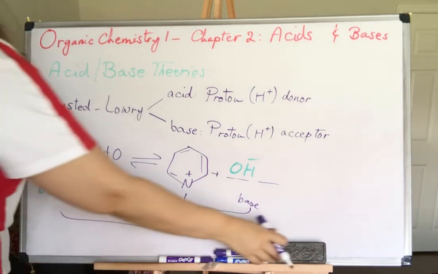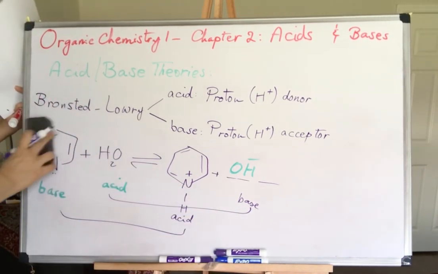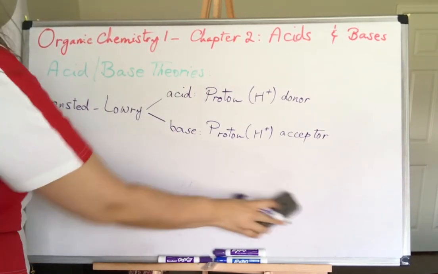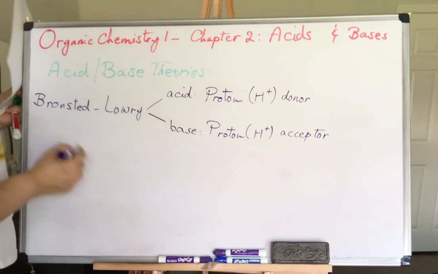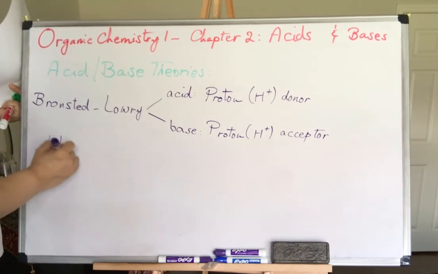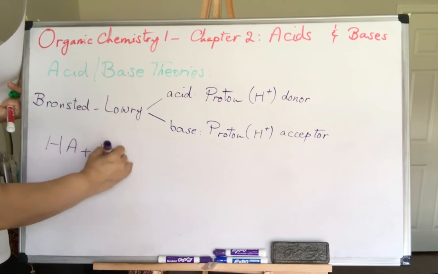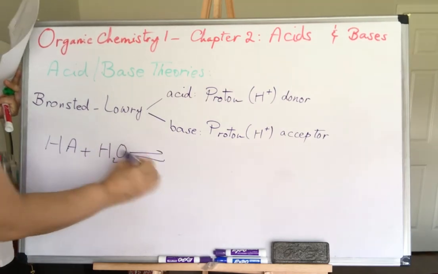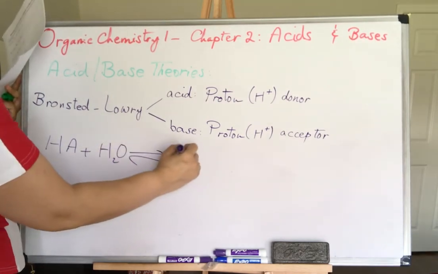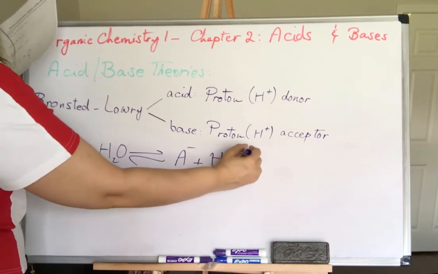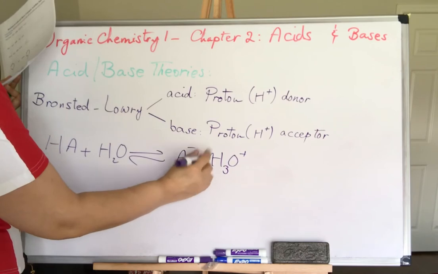Now it's time to talk about acidic strength, to determine which one is a strong acid, which one is a strong base, based on what. If you consider weak acid, the formula like this, and the water is going to not completely dissociate to A and H3O. So how would you write the K equilibrium?